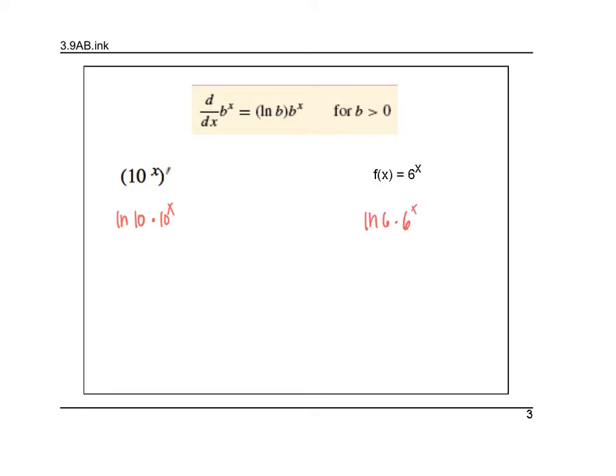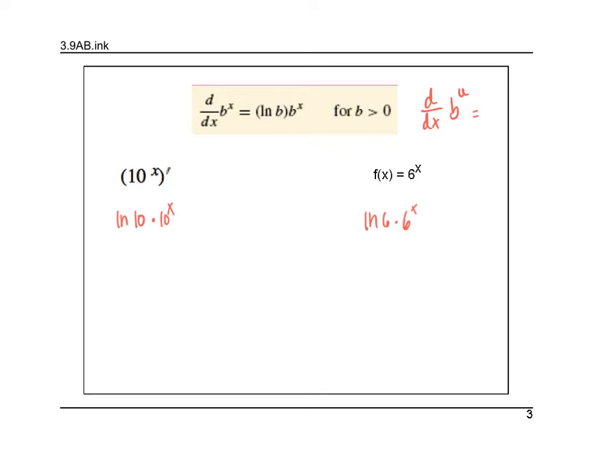Now, as we continue to move through this chapter, I'm always going to introduce these rules as they are, but also in conjunction with a chain rule. So if we were to think of this as a b to the u instead of just a b to the x, u implying that the exponent, the input, is something other than x. So then I would be deriving this with a chain rule.